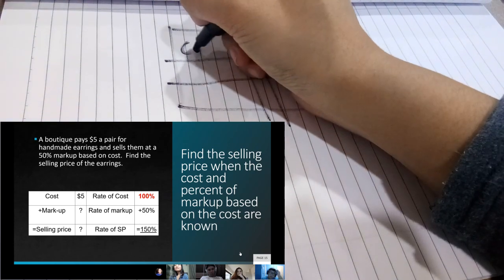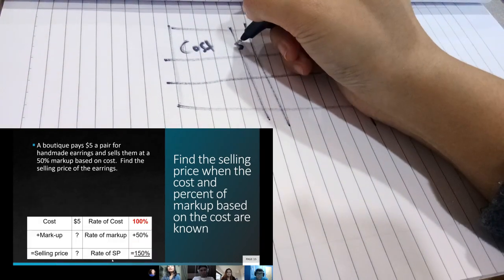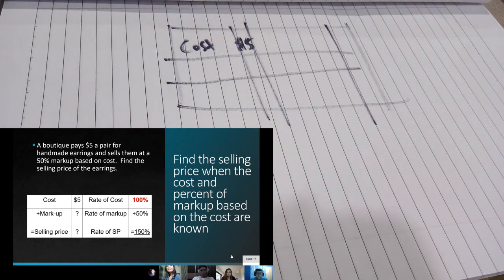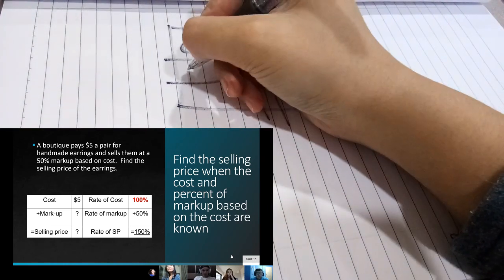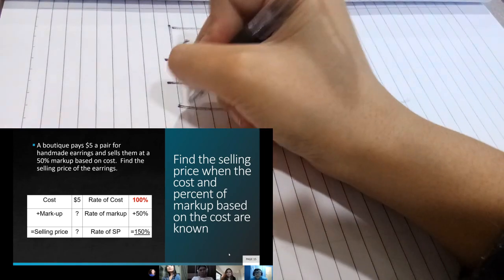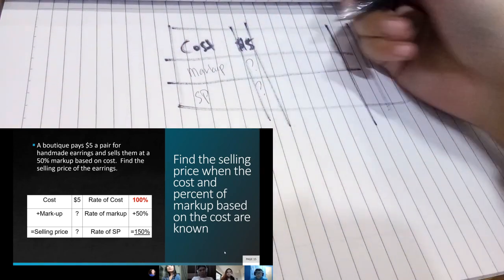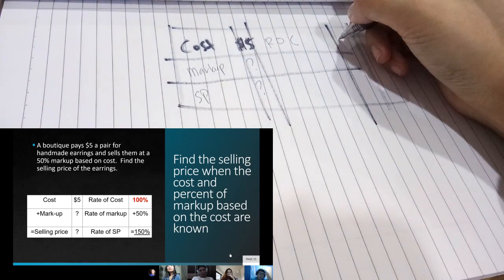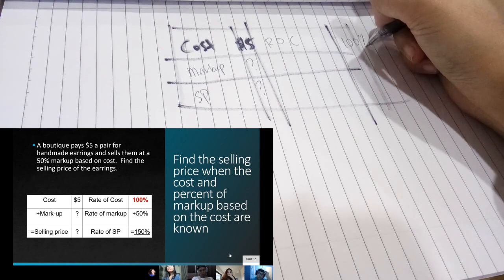Okay, so the cost is given, $5, and the markup is still unknown. The selling price is also still unknown. And the rate of cost is given, 100%.